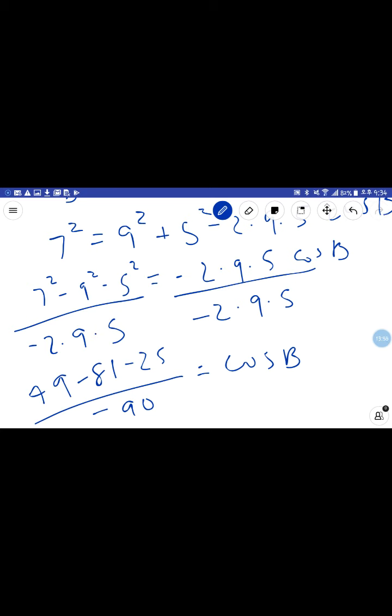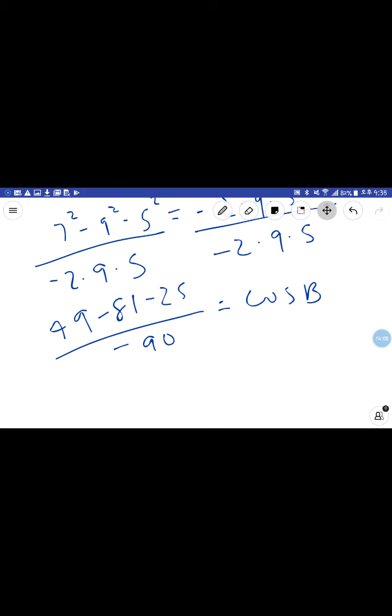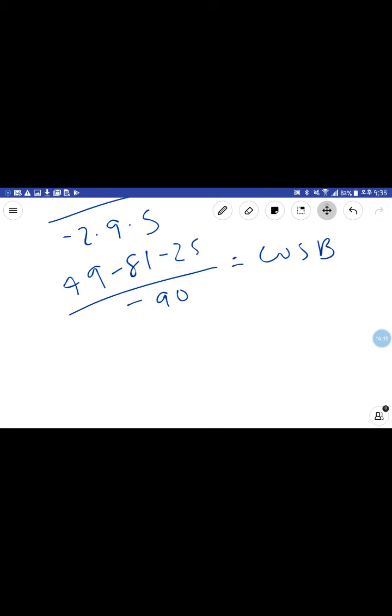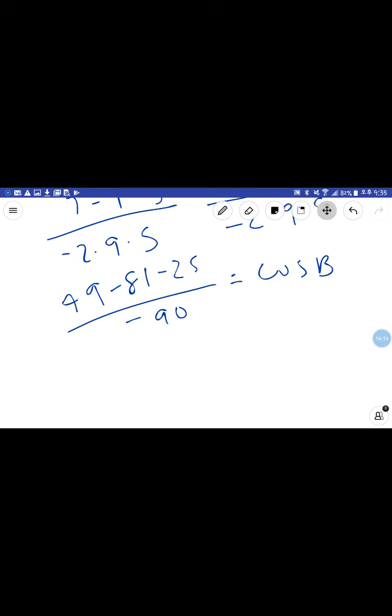That would be 0.63, which is kind of a repeating decimal. So just leave it as what? Fraction. Because you cannot really put it in this. So my B is going to be what?